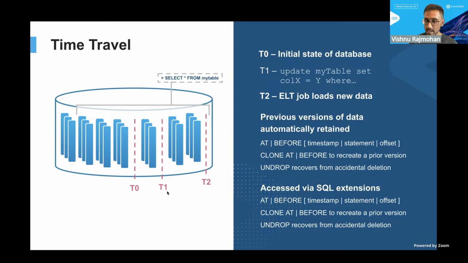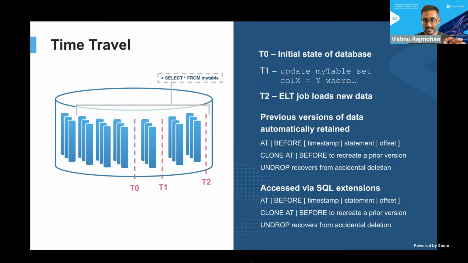What time travel means is, let's say you've made an incorrect update on your data, on your table. Traditionally, what you would then be forced to do is recreate your tables, run your DDLs again, bring in data loads again, and go back and run all these processes again just to make sure that you've got a consistent view of data again. So then you can reapply your updates on your table. But with time travel, you can instruct Snowflake to go back to a version of data as it existed at a particular timestamp.